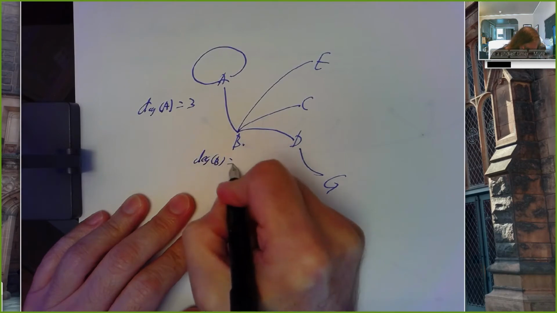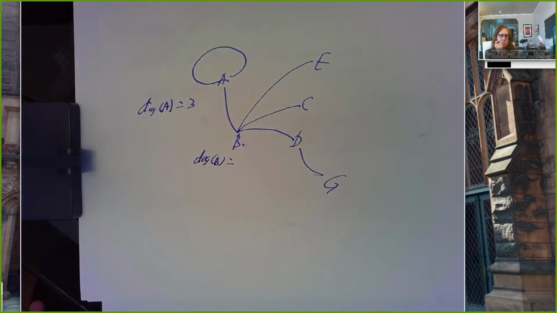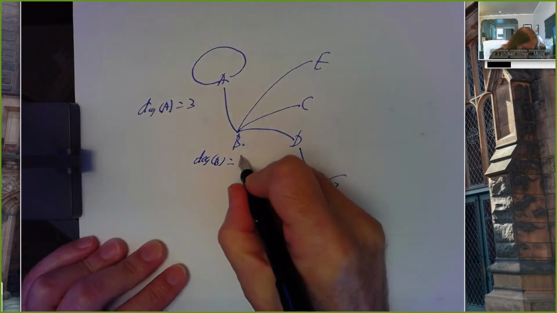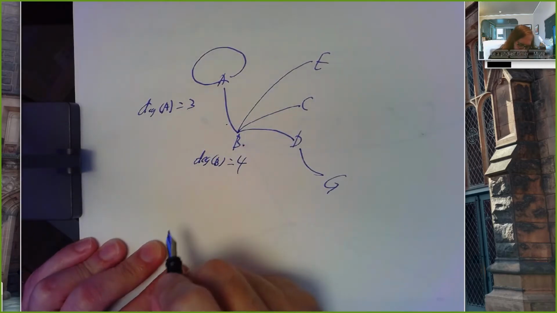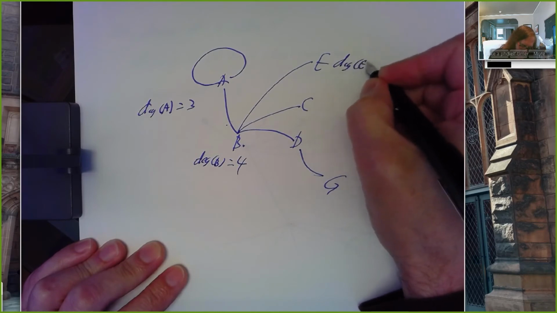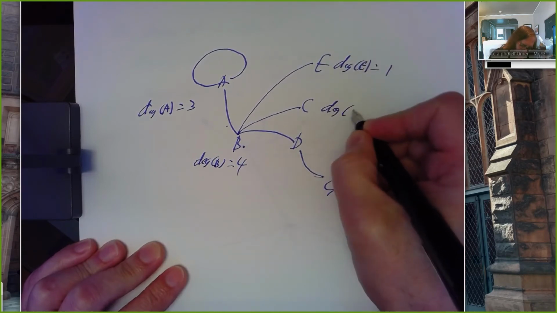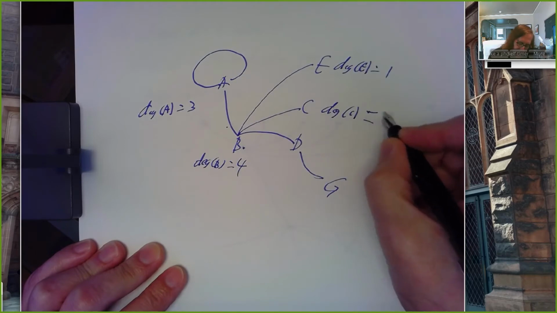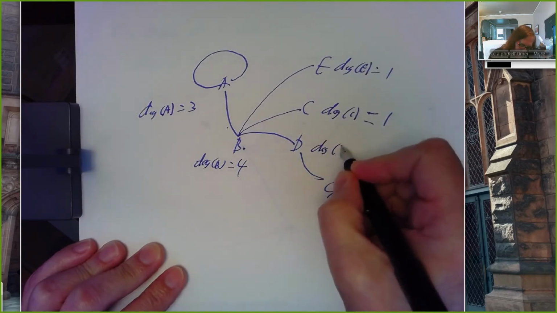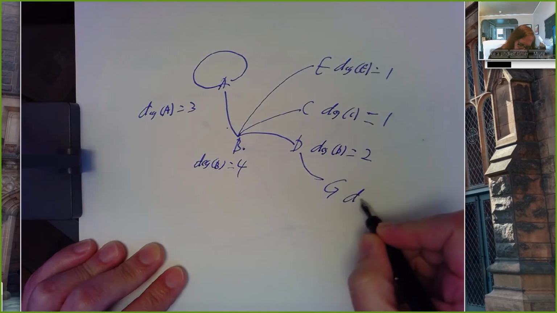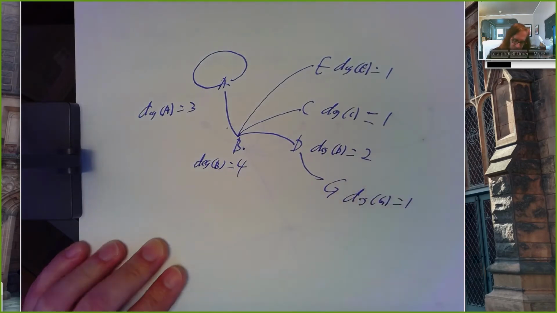The degree of B is what? Four, because we got 1, 2, 3, 4 edges. Degree of E is 1, the degree of C is 1, the degree of D is 2, and the degree of G is 1.